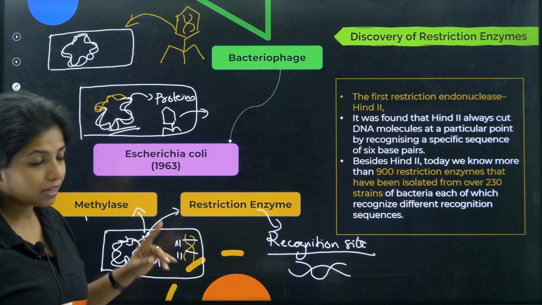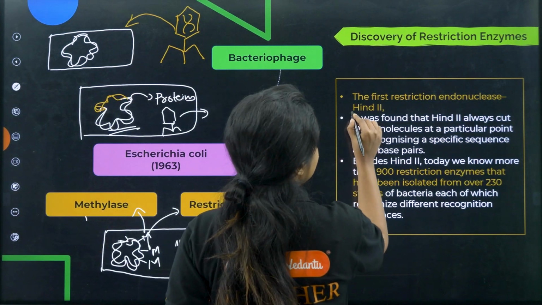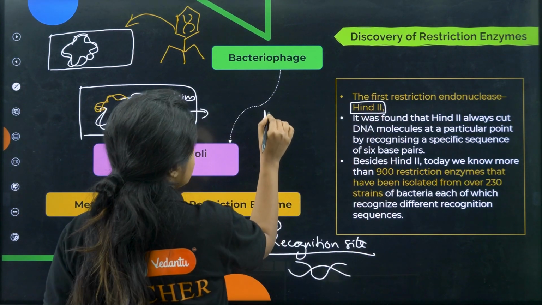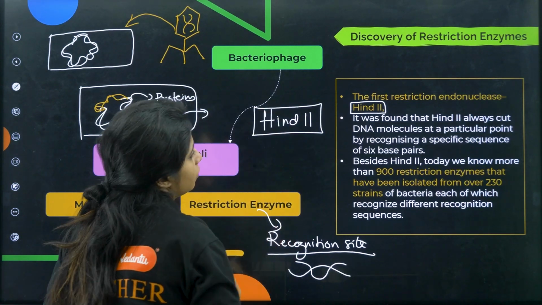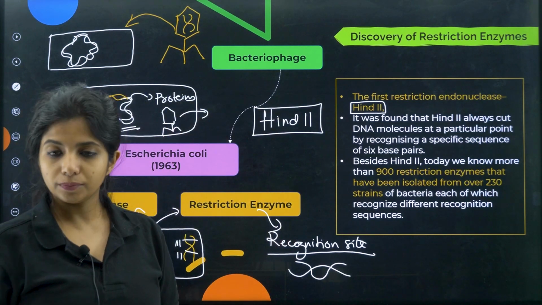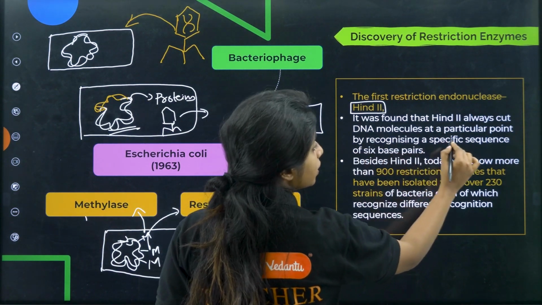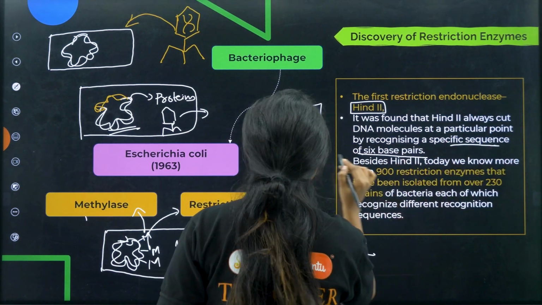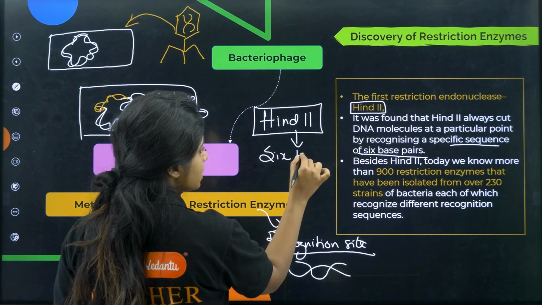This was done in 1963, and the first restriction enzyme which was found was HindII. Can you remember this? This is HindII, the restriction enzyme that was found. Cool. Now it was found that HindII always cut DNA molecules at a particular point by recognizing a specific sequence of 6 base pairs. So its recognition site consists of 6 base pairs.